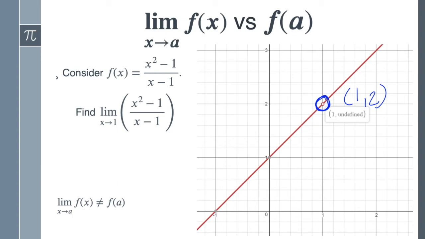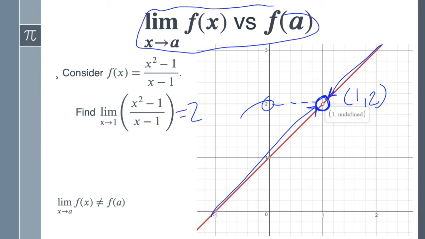But as you can see, going from the left, it approaches a number, which is 2. Going from the right, it also approaches one number, that is also 2. So we have shown that the limit is not equal to what we get by just substituting, because these things exist. Okay, so I hope I made it clear.